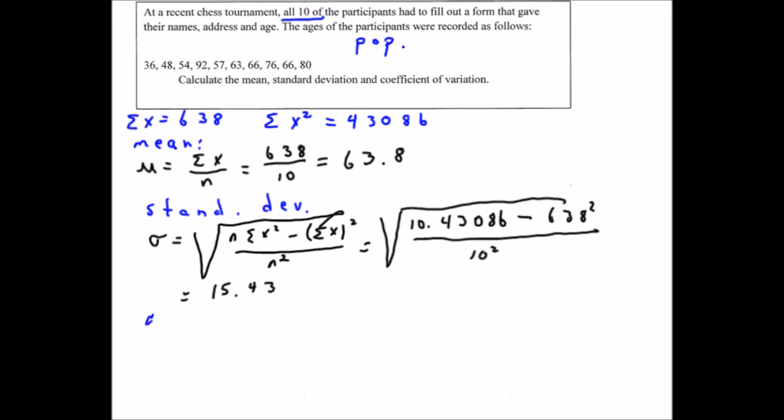For the coefficient of variation, the notation here is CVAR.